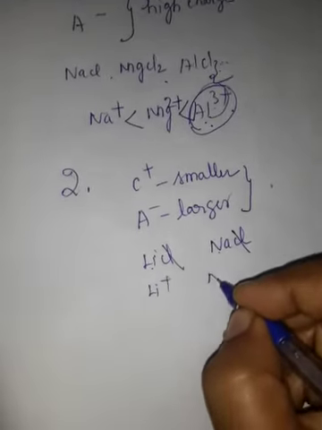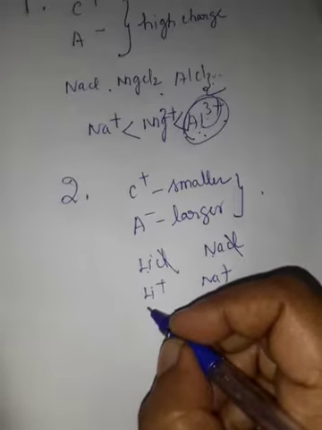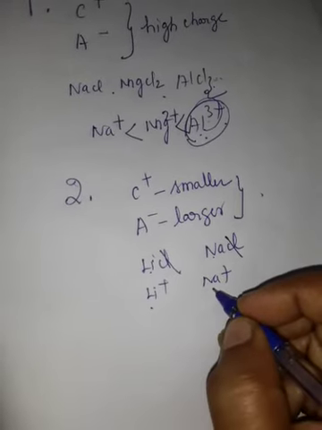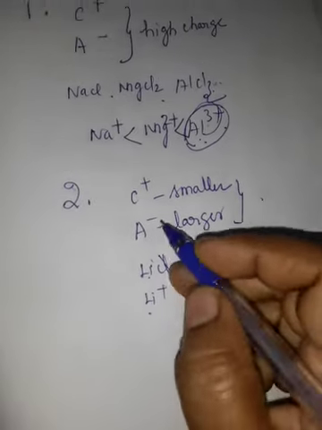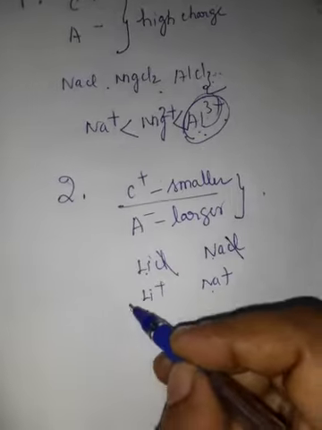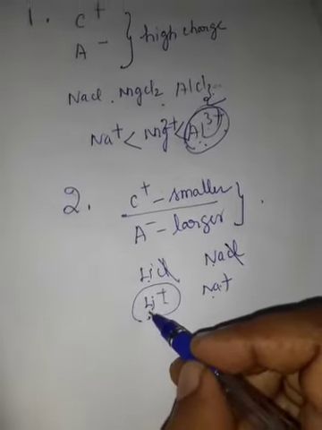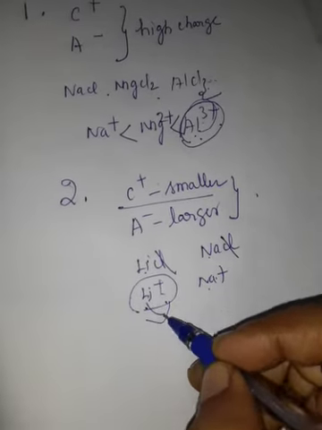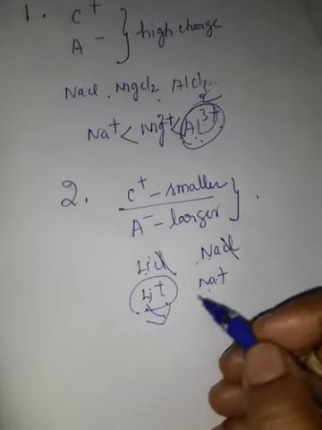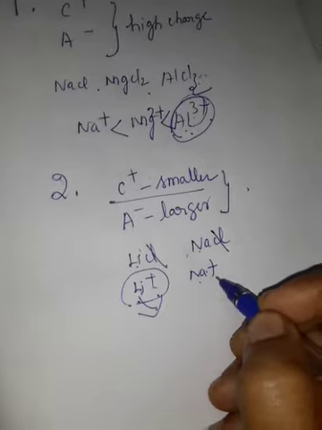Li plus and Na plus: lithium has atomic number 3, sodium atomic number 11. So the cation is smaller in lithium, and Li plus shows more polarizing behavior than Na plus.